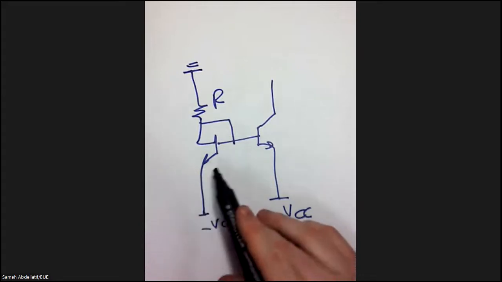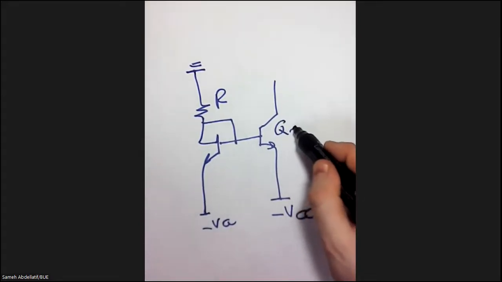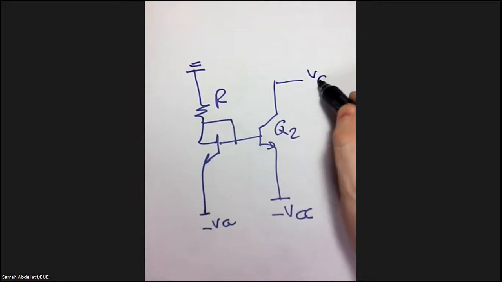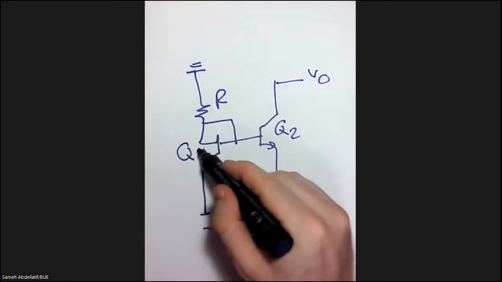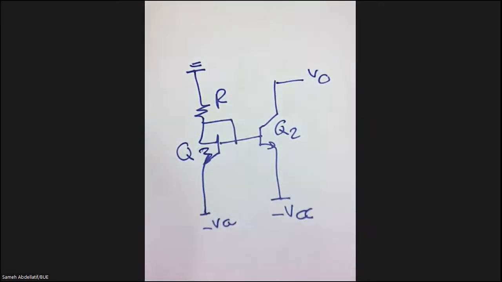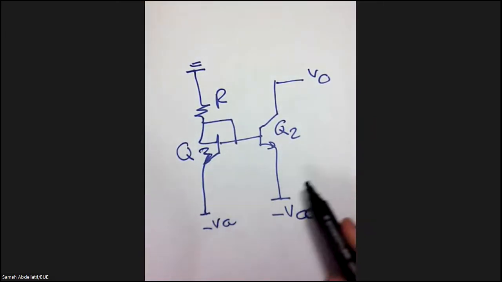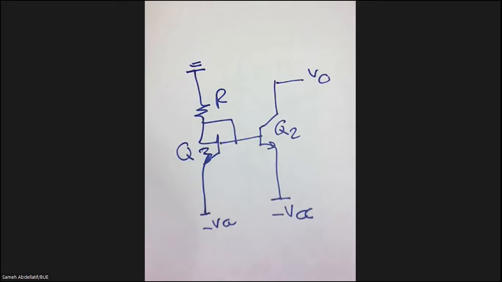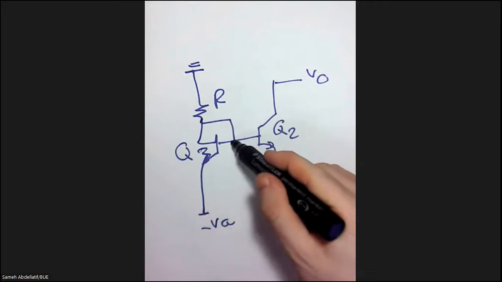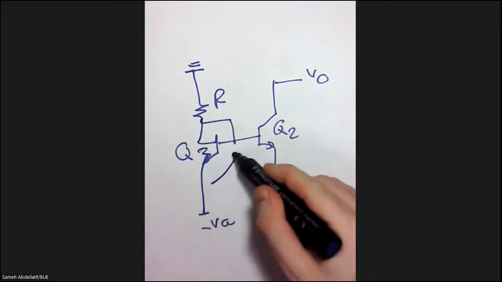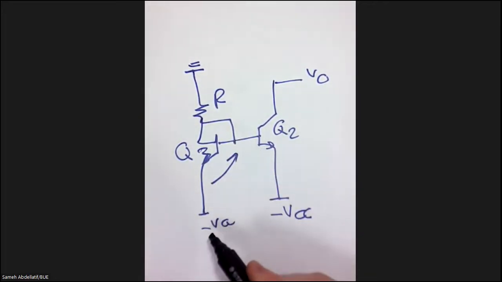As you can see here, this is Q2 with Vout, and this is Q3, which is our diode, and this is how the circuit looks. So now our question is: we know the voltage of this point simply because this point is just 0.7 higher than the negative VCC.